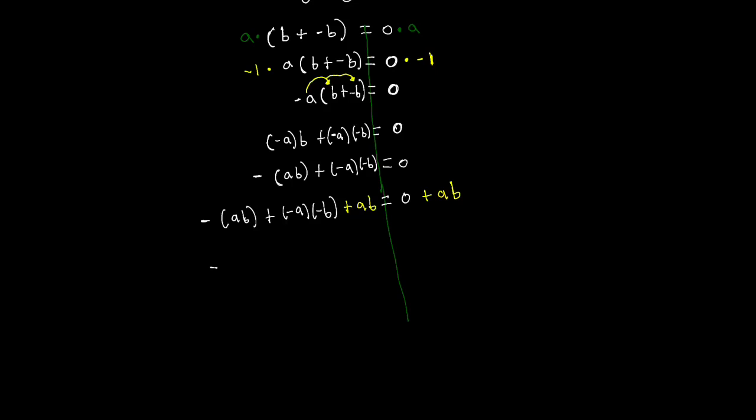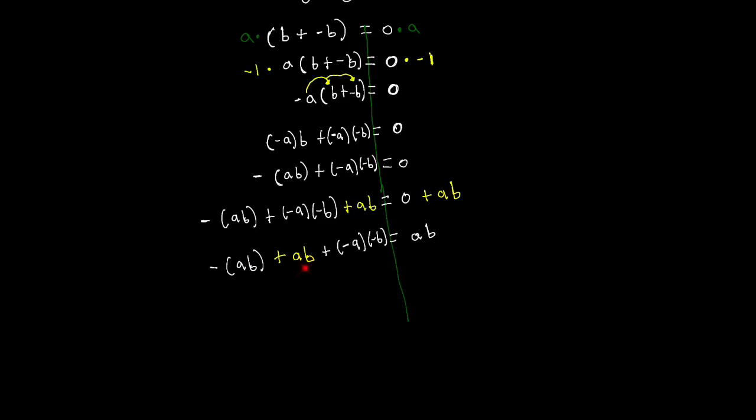So here I have -ab. Here I'll keep the color so you can see what I did. So plus AB plus -a -b, and then here, due to the additive identity, anything plus 0 is going to equal itself. So here I have AB on the right-hand side. Now here I have the additive inverse.